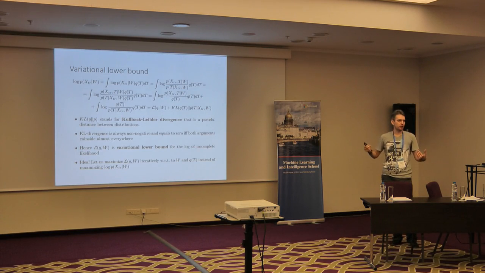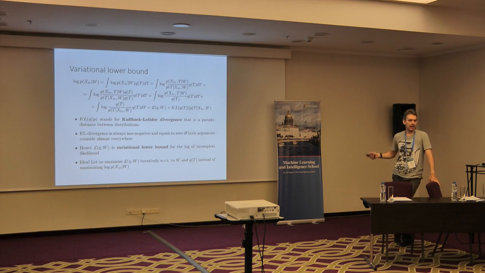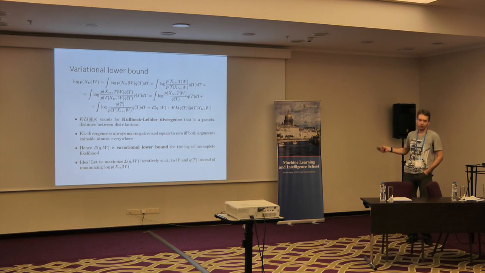We cannot perform optimization in the space of functions in the general case, only in a few exceptions. And this is one of those exceptions. Because we cannot maximize L with respect to Q of t directly, but we may easily minimize the KL divergence with respect to Q of t. Because we know that KL divergence is always non-negative and equals 0 if and only if the first argument equals the second argument. So the maximization of the first term with respect to Q of t corresponds to equating Q of t to this posterior distribution, Q of t given X train and the data.